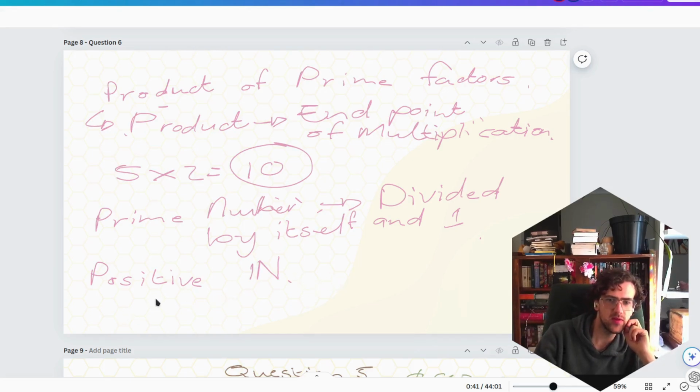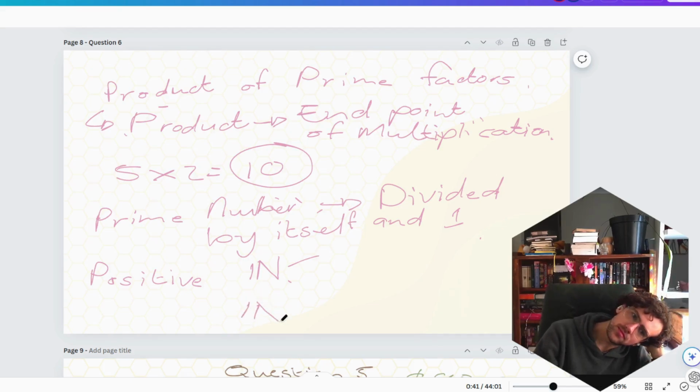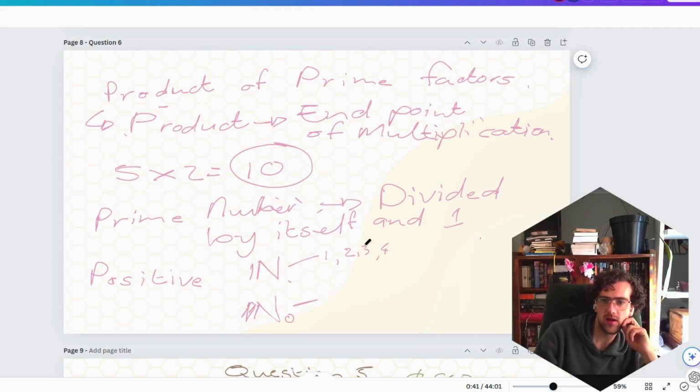Now, what is the difference between a natural number and a whole number? No. A natural number starts at 1, a whole number starts at 0.